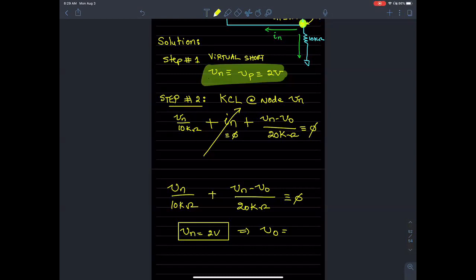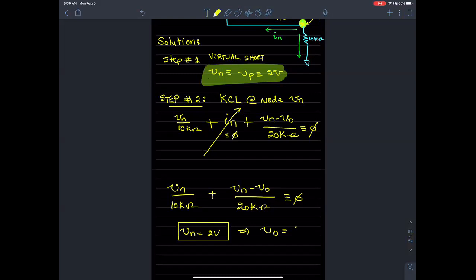What value do you get for V out? V naught, VO. I got -2. Negative 2 volts. Let's see. Or did I mess up?